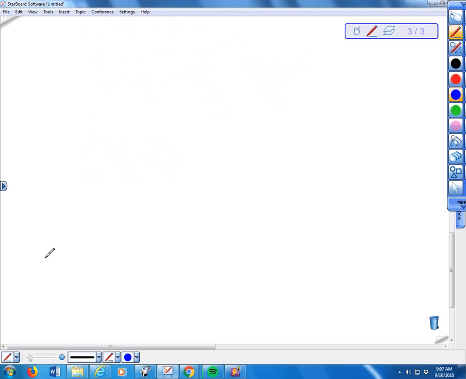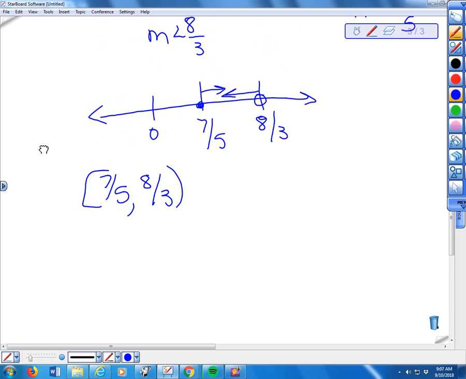Okay, what if, let's think about this one. It started as an or, didn't it? An and means I would go here and stop and then go here and stop. But an or, this arrow really goes on forever.